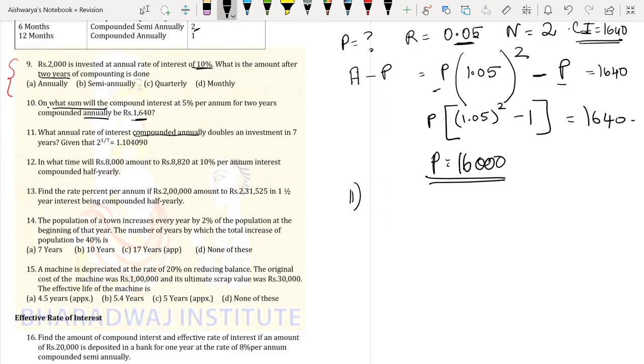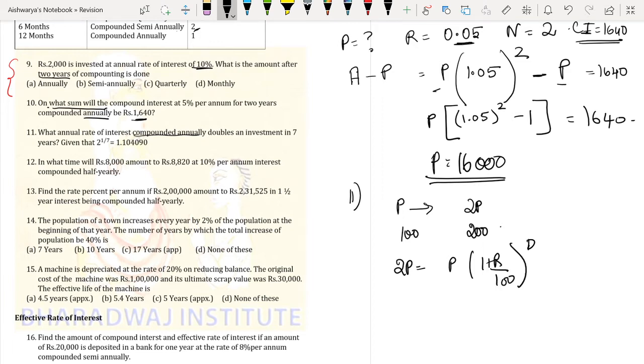So you will not have a doubt in the examination whether you are supposed to use CI or SI. You will just say that P is becoming 2P, or you can use the numbers 100 and 200, doesn't matter. P is becoming 2P. What is the formula? A is equal to P into 1 plus R by 100, the whole power N. You have N here.